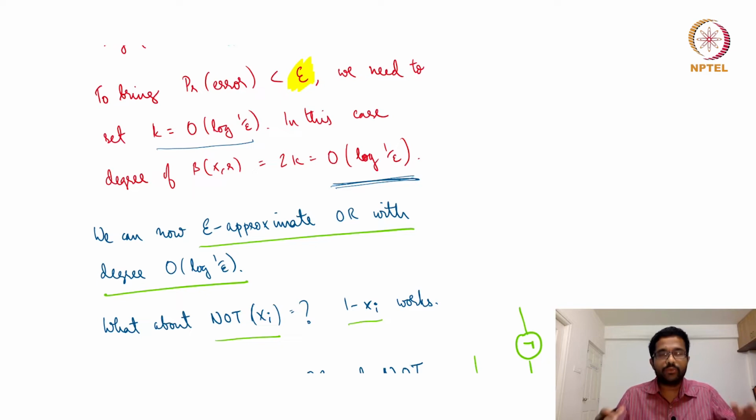Now we just use these OR gates, AND gates and NOT gates, replacing each gate in the circuit with its polynomial, to build a jumbo polynomial that would approximate the original circuit.